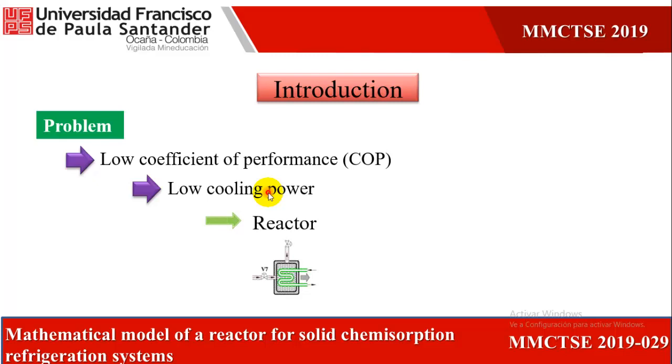The reactor will be the equivalent of the compressor in steam compression systems. Therefore, the best improvement that can be done to this system are those that are done to the reactor, since this system replaces the mechanical work that makes a compression system.